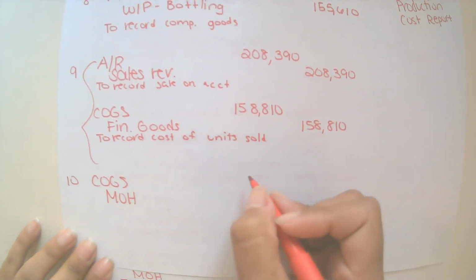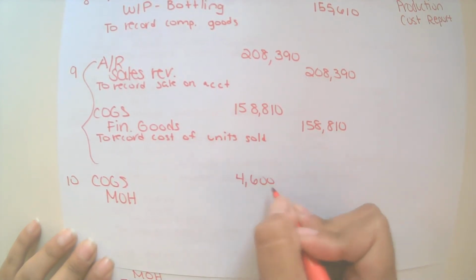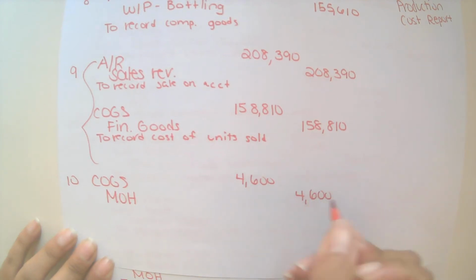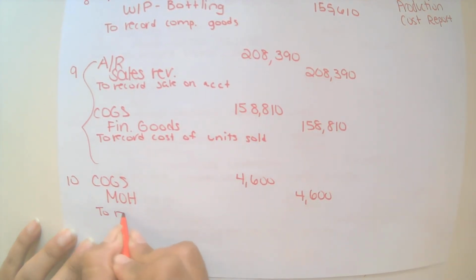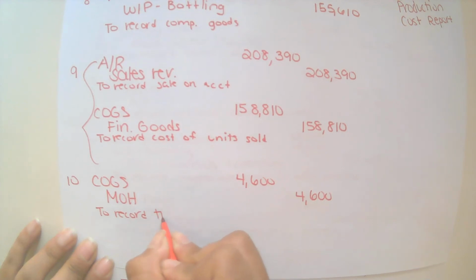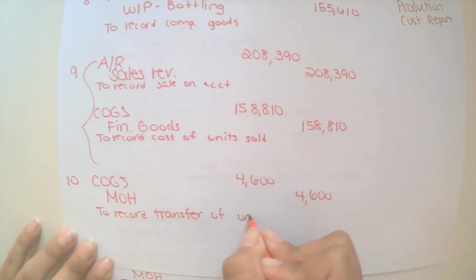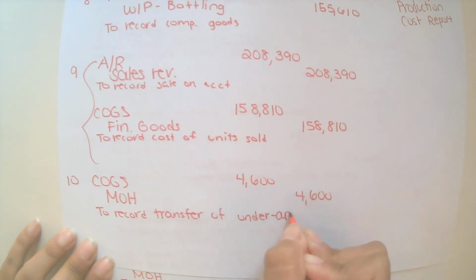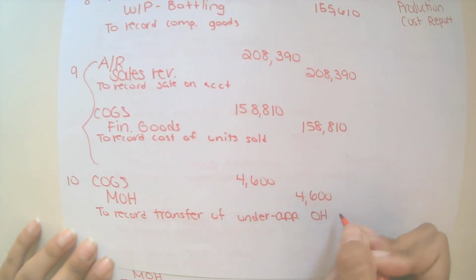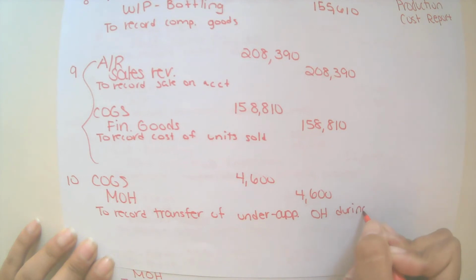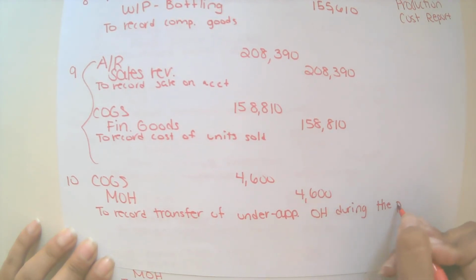Cost of goods sold and MOH for the balance. Okay, so to record transfer of under applied overhead during the period, something like that.